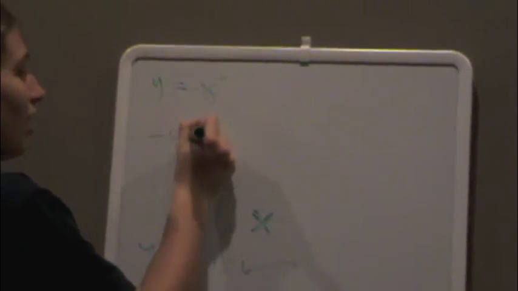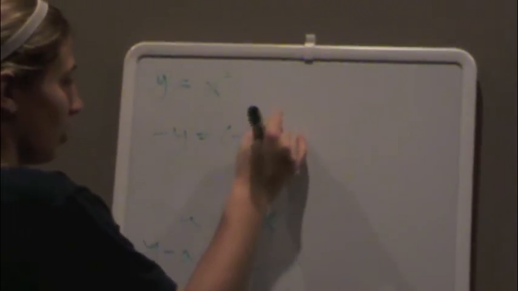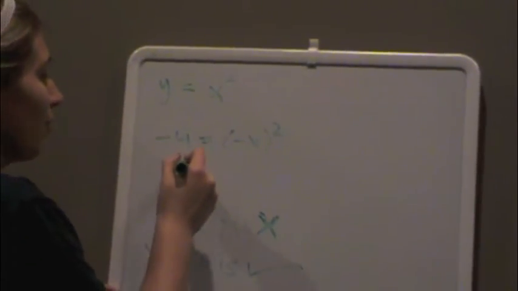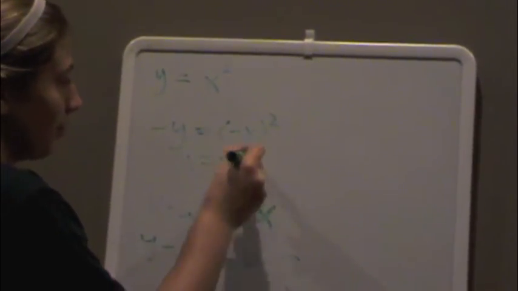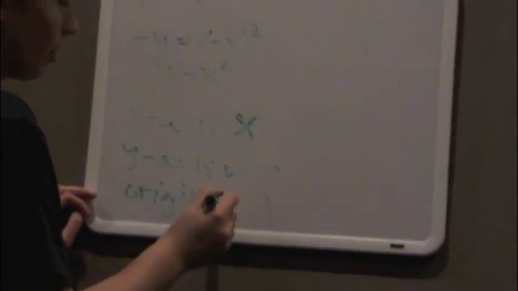And lastly, for the origin, remember we plug in a negative for both the y and the x, so we would plug in negative y equals negative x squared, which simplifies to negative y equals x squared. And again, that doesn't match the original equation, so it is not symmetric in relation to the origin, only to the y-axis. And that is how you test for symmetry.